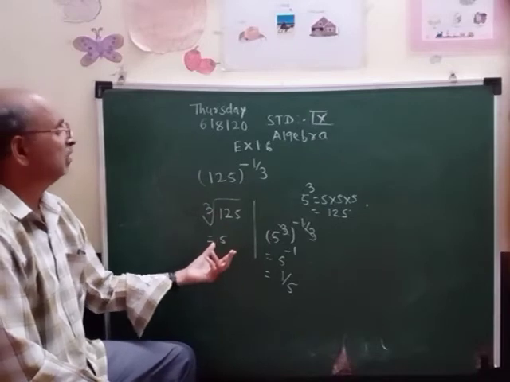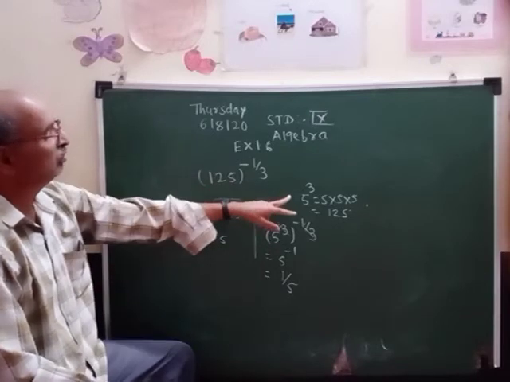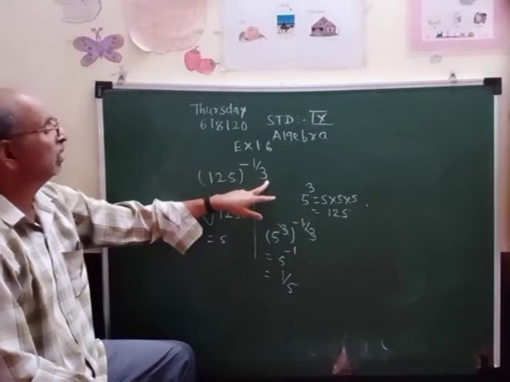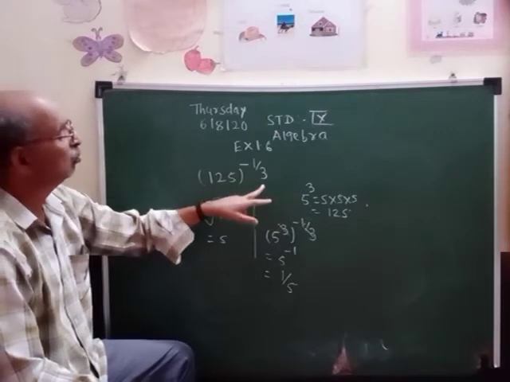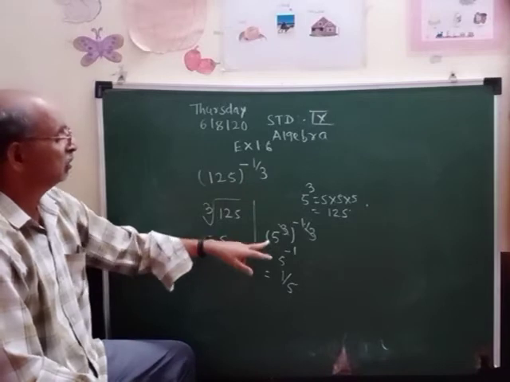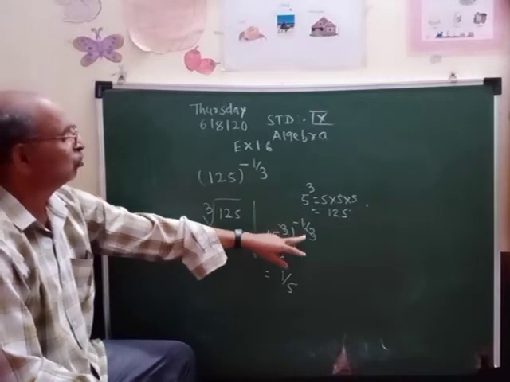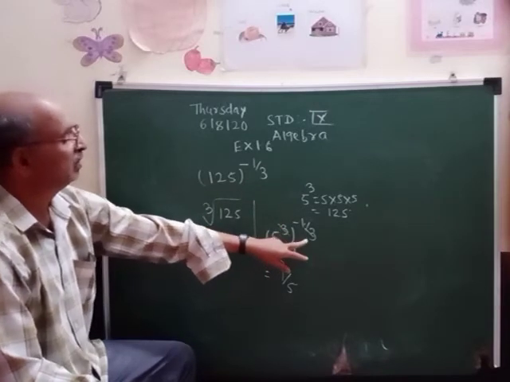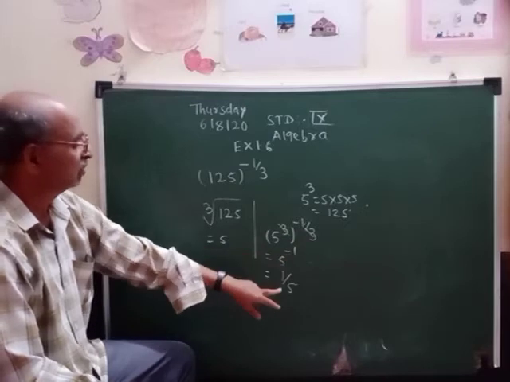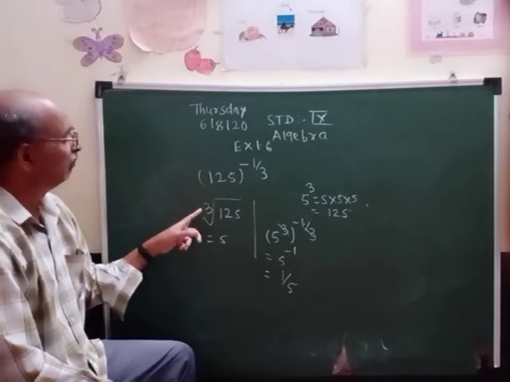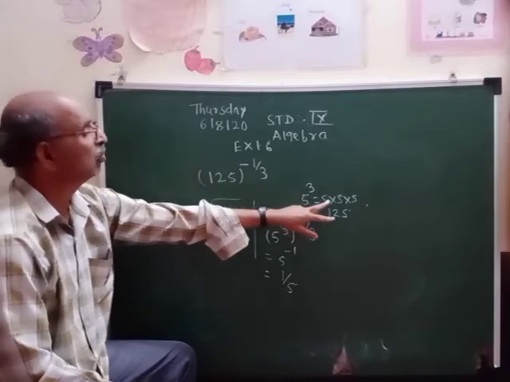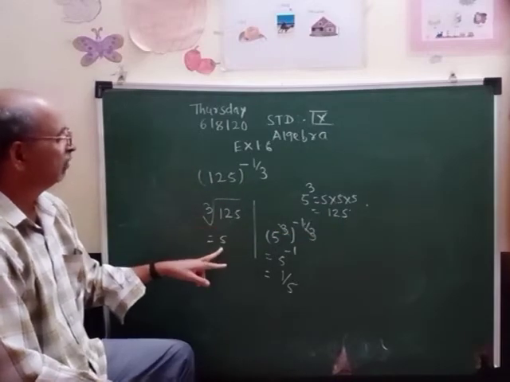Now how have we solved this? Either you can use this method. The cube root you have to find out. So the cube root of 125 is 5. So we have written 5 raised to 3 raised to minus 1 upon 3. So 3 cancels, 5 raised to minus 1, that is 1 upon 5. Or you can find the cube root, which means you want the group of 3. So the cube root of 125 is 5.